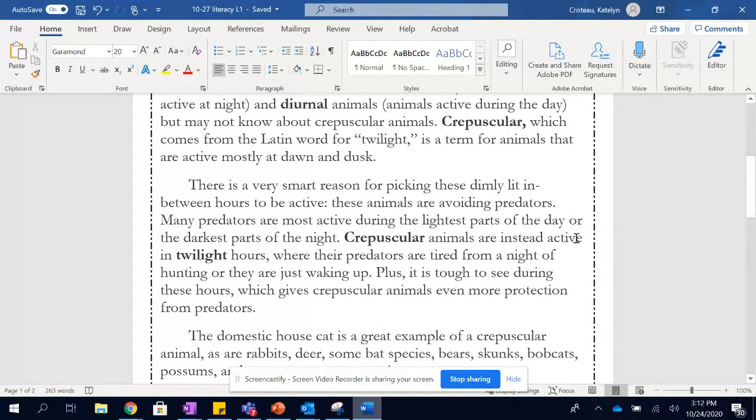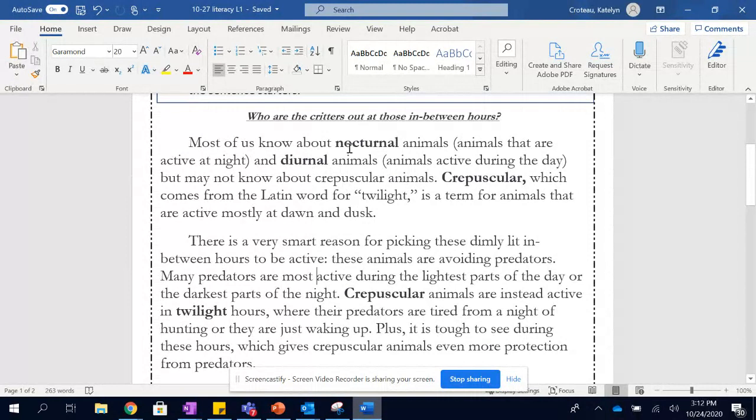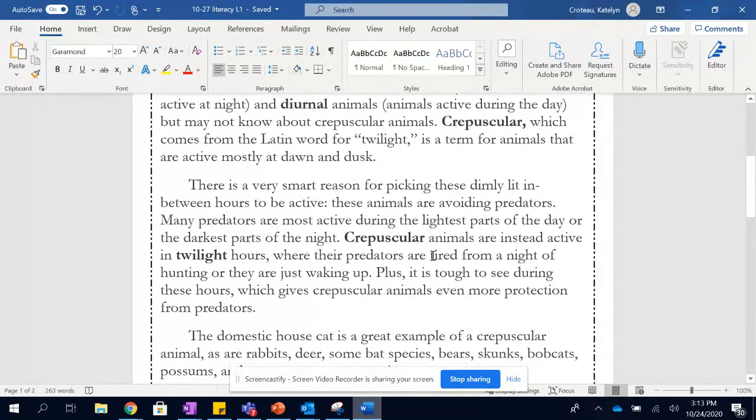Crepuscular animals are instead active in twilight hours, where predators are tired from a night of hunting or they're just waking up, right? So these animals are active in times where a lot of the other animals are not, because usually animals pick the really bright parts of the day to be active if they're diurnal, or they pick the really dark parts of the night if they're nocturnal. So these guys kind of have that in-between zone.